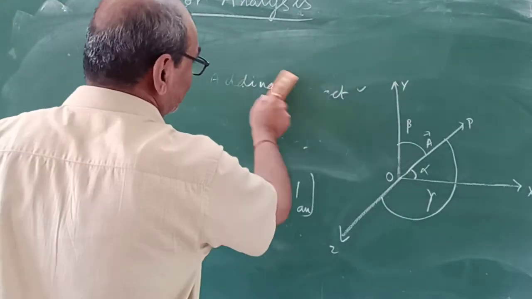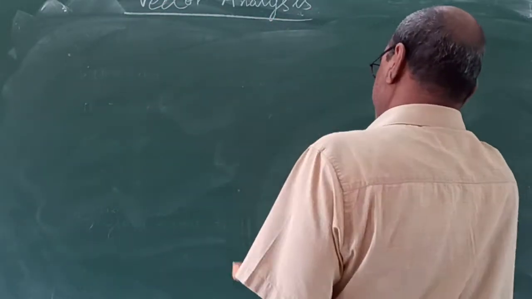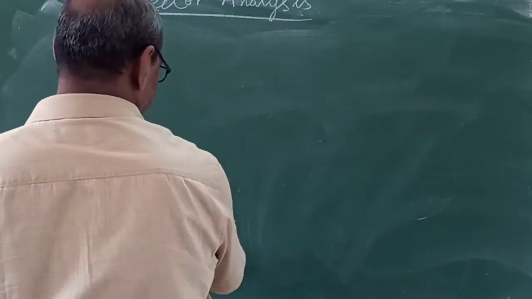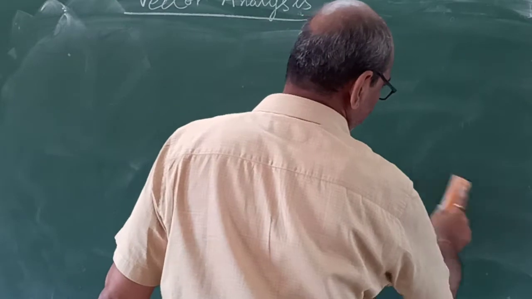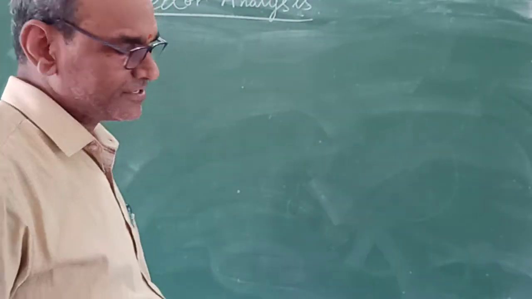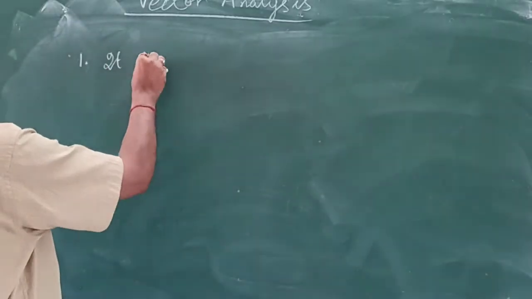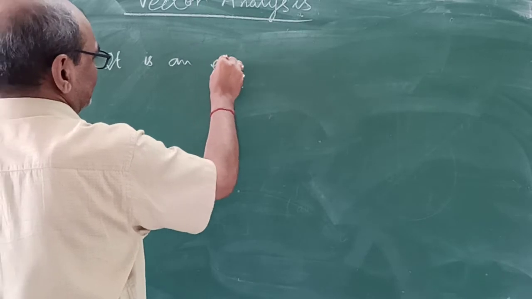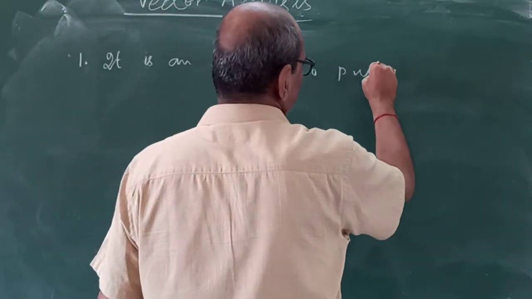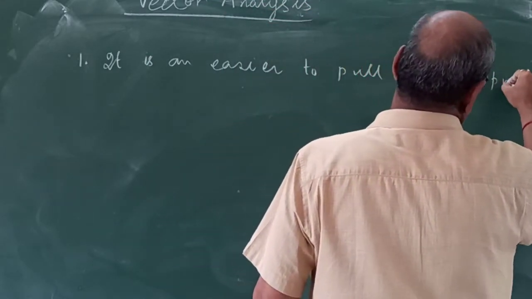That is also important for your exam purpose, and this question is asked for 3 marks. Which one is easier, push or pull? First of all, it is easier to pull than to push.